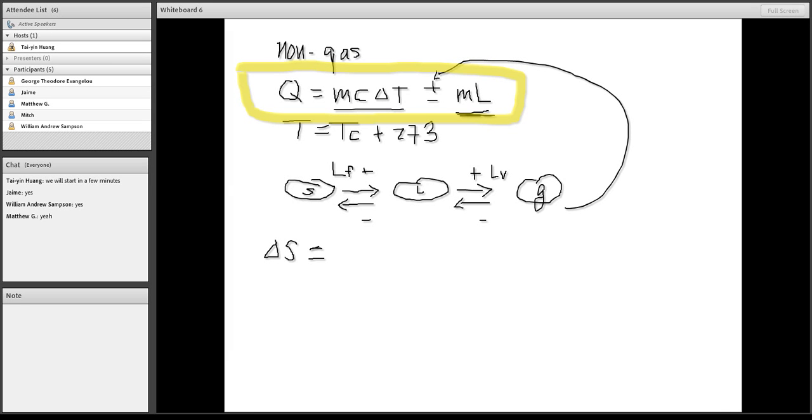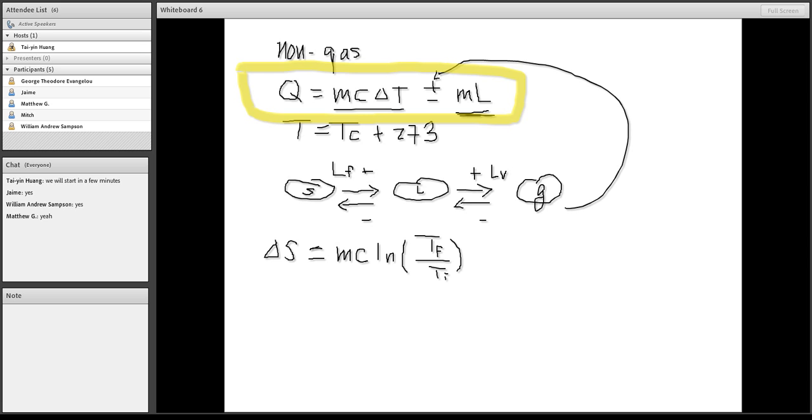So delta S is equal to the mass of the object times the specific heat of the object, times the natural log of the temperature ratio, and the temperature ratio is the final temperature over the initial temperature.